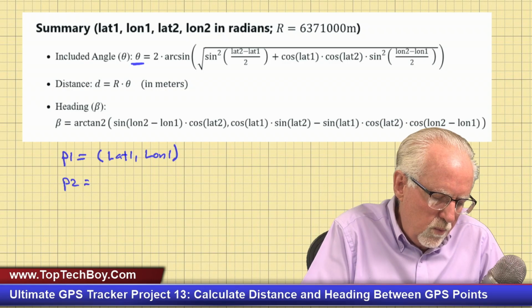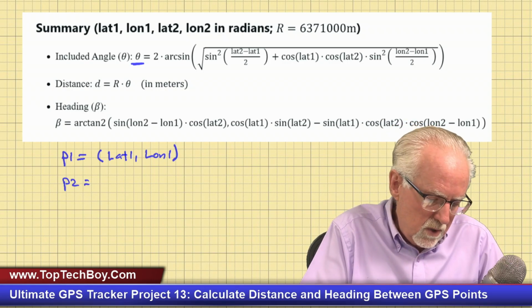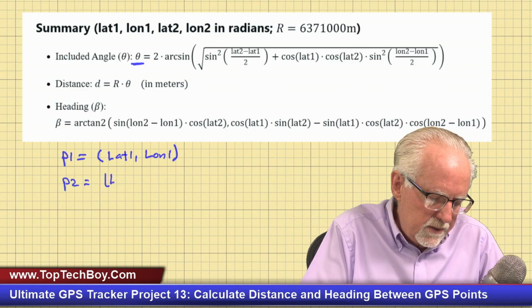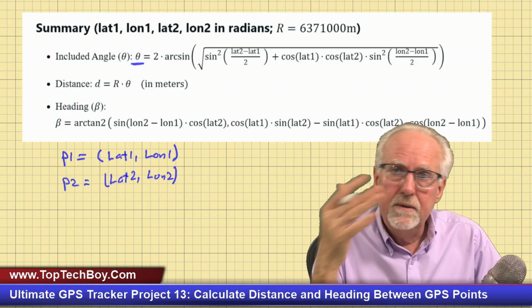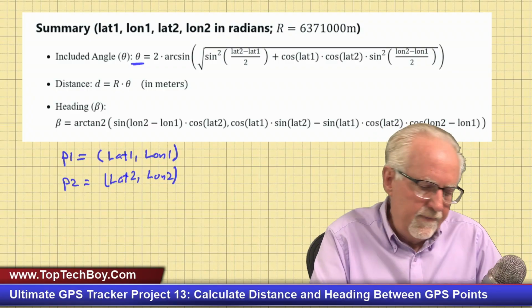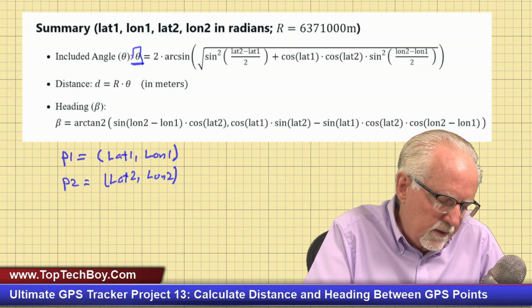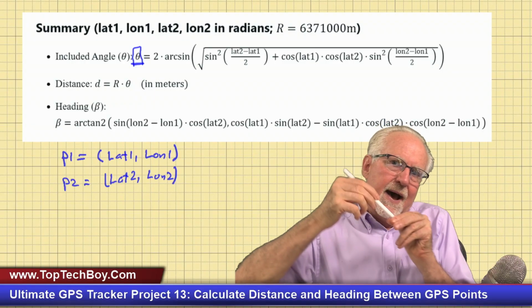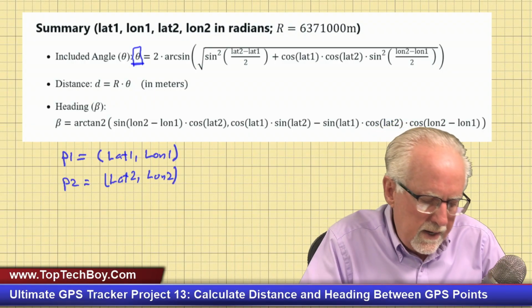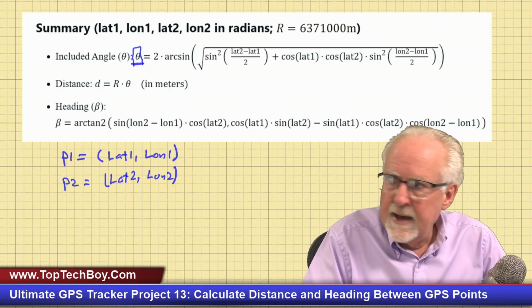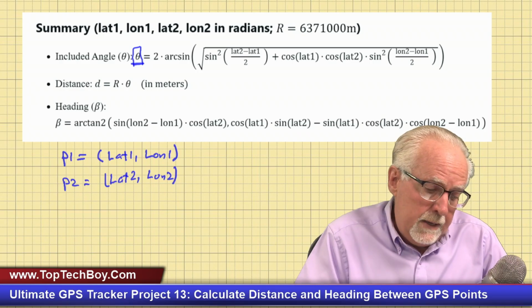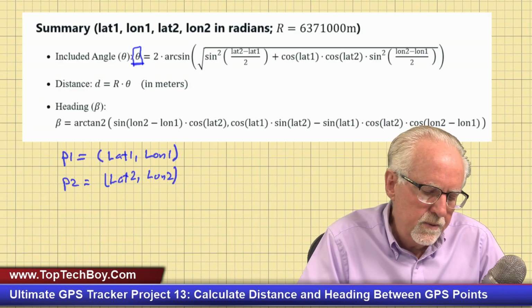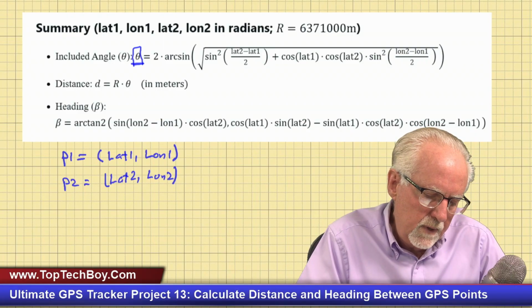Point 1 is where we start, point 2 is where we end. Point 2 is lat 2, lon 2. So we have to have those four numbers: lat 1, lon 1, lat 2, lon 2. And then we can calculate the included angle, that sort of sideways angle that I was trying to draw. And in order to do that, if you look at this equation, all it needs is lat 2, lat 1, and lon 2 and lon 1.